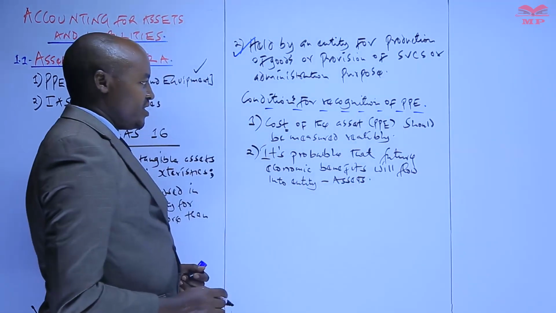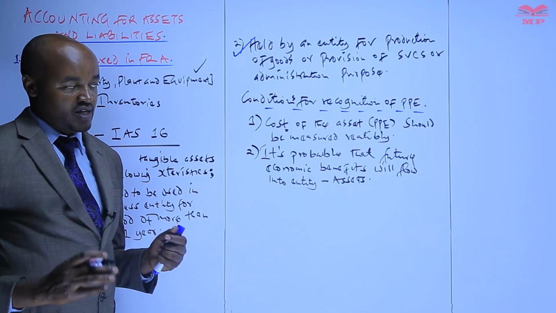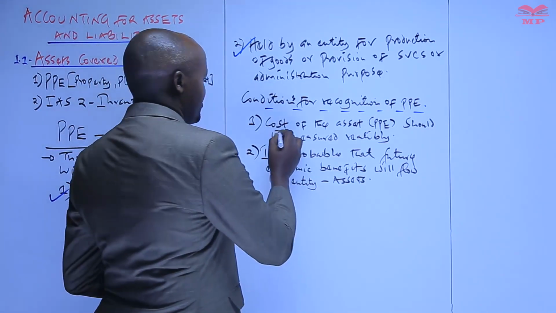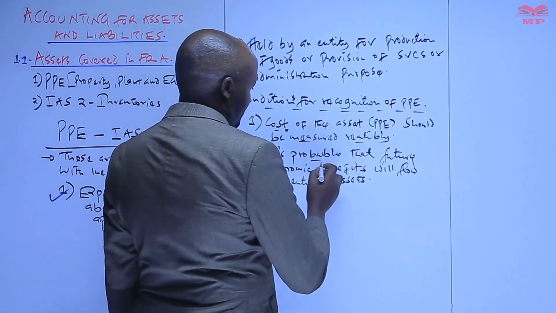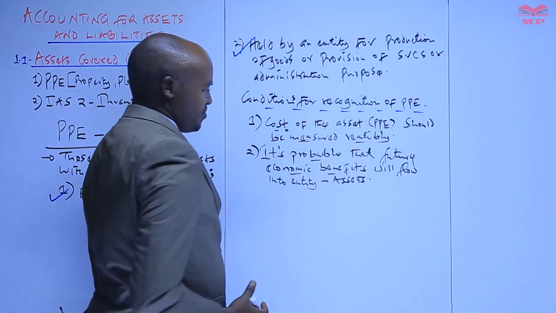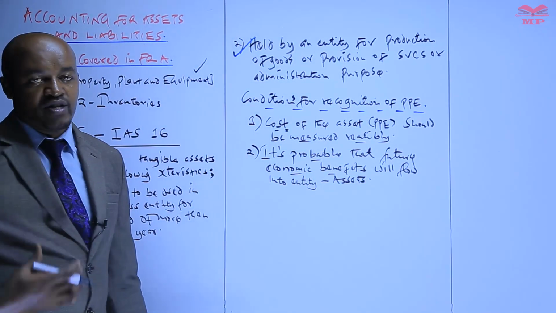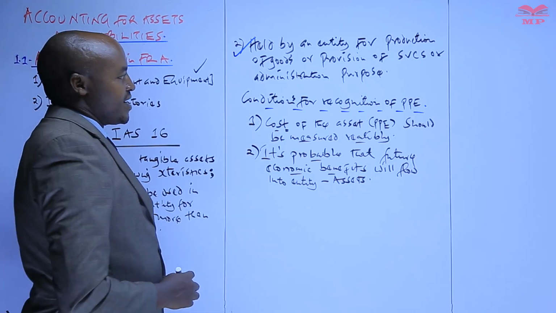So therefore, if an item of PPE meets those two conditions, its cost can be measured reliably, and it is probable that such an asset will generate some economic benefit, then we are saying it should be recognized as what? As an asset.